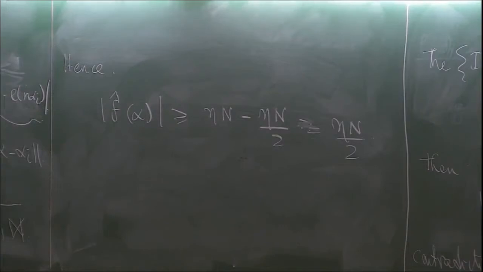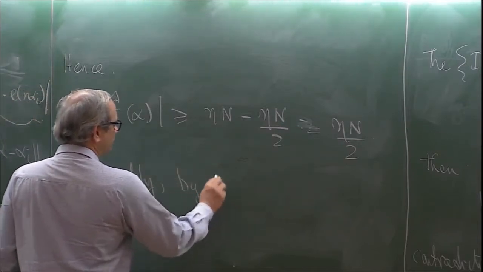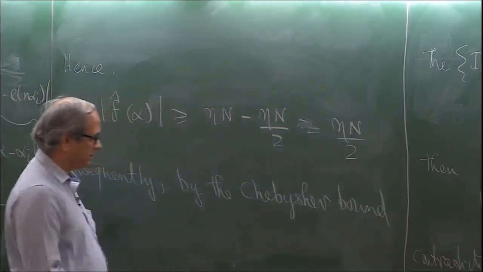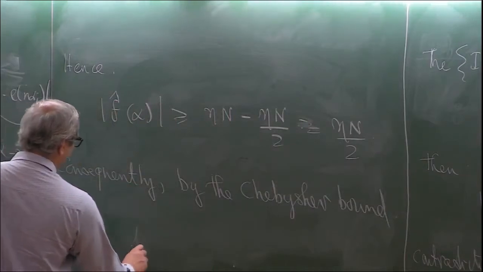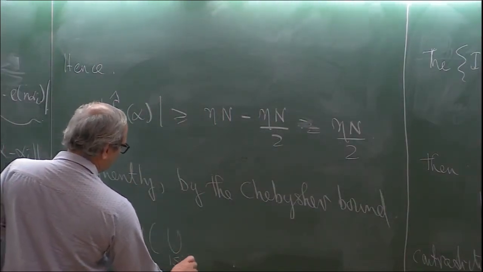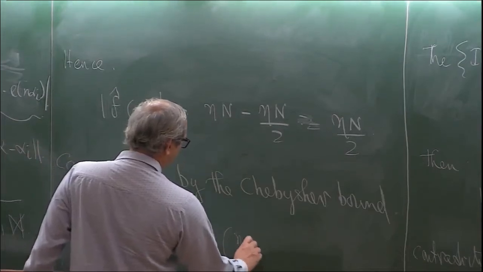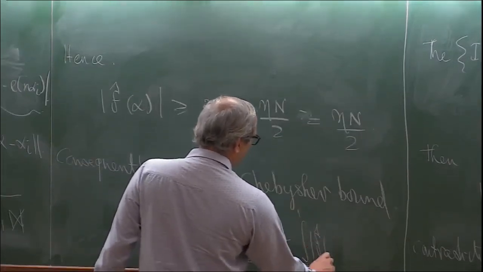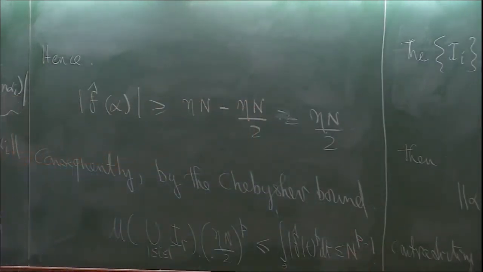So consequently, by the Chebyshev bound, okay, this is not Chebyshev bound in prime number theory, but the fact that you can bound the measure of sets on which the function is large, the measure of the union of I_r times the value of the function, which is eta n by 2 to the power p, is less than or equal to the full L^p norm, which is less than or equal to n to the power of p minus 1. Okay? By Chebyshev bounds, you have this bound.